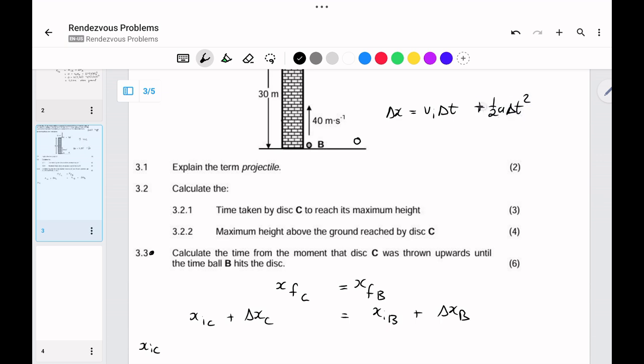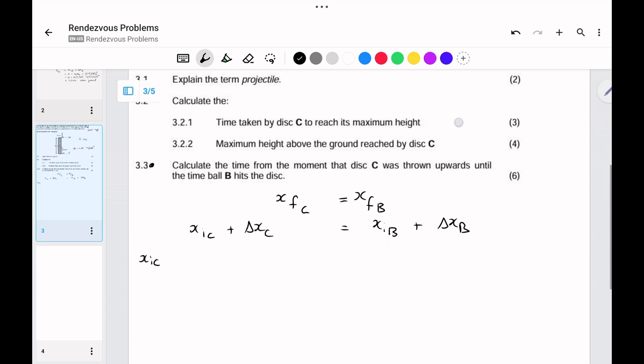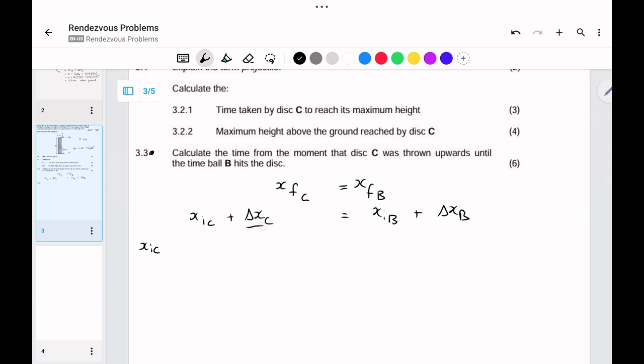I'm going to use this equation for displacement to get expressions for delta x C and delta x B. So again, I write v initial C delta t C plus 1/2 a delta t C squared. That is equal to x initial B plus v initial B delta t B plus 1/2 a delta t B squared.